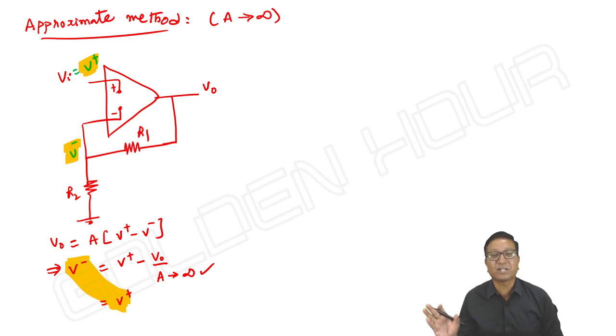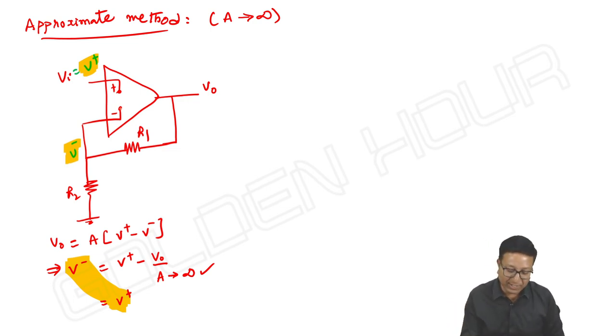Physically there is no connection between inverting and non-inverting terminal due to infinite input impedance, but as the open loop gain is approaching infinity, the voltage at the inverting terminal approaches the voltage at the non-inverting terminal, which is known as virtual short.